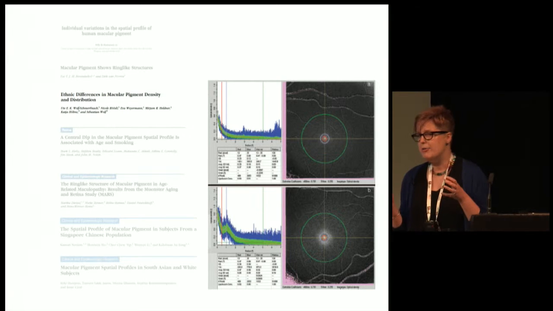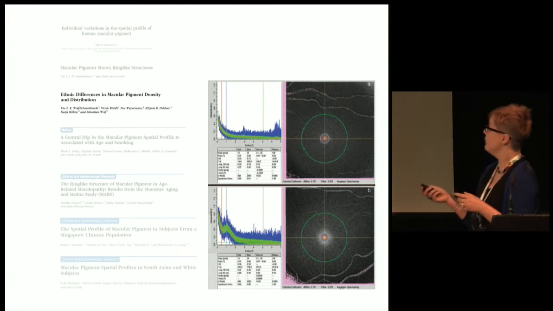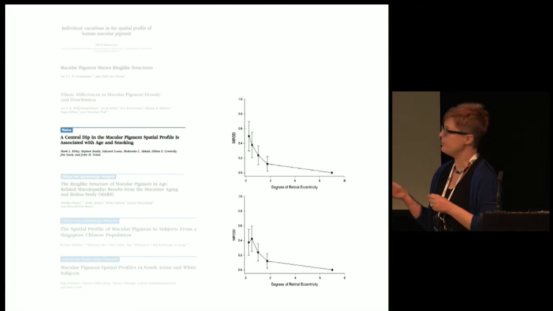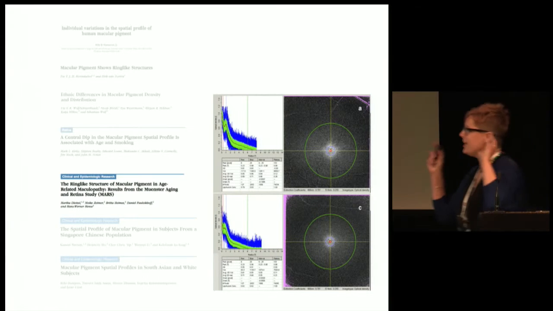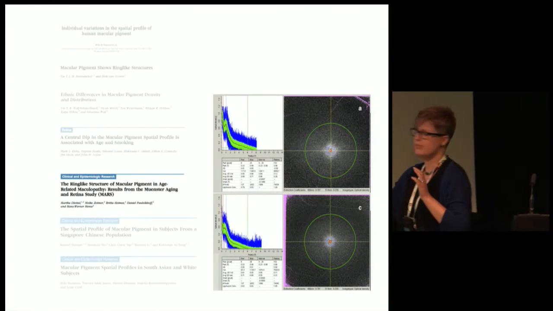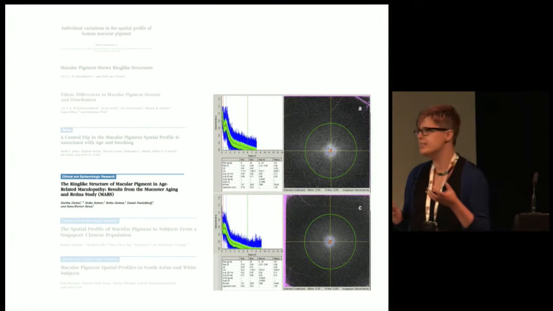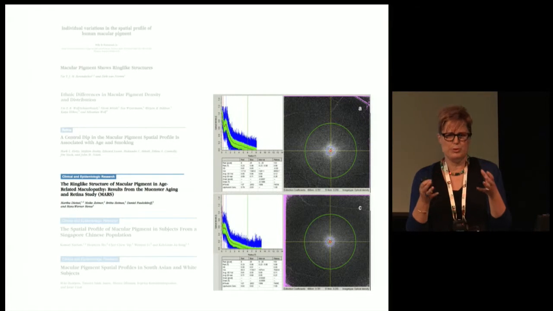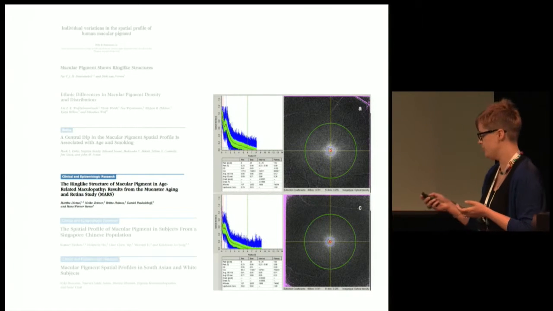So it has become apparent that macular pigment may show this ring when we look at these FAF images, but there have also been reports of a central dip. However, we need to take into account that when we are looking at these FAF images, very often the literature, when they start classifying these macular pigment spatial profiles, it's really purely based on the visual deviation from an expected exponential curve.